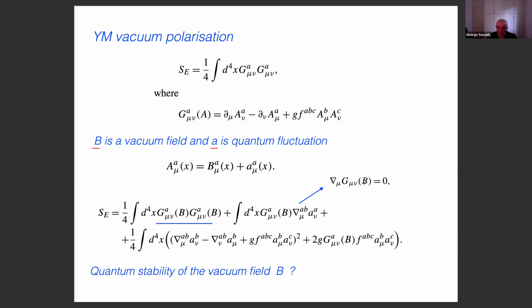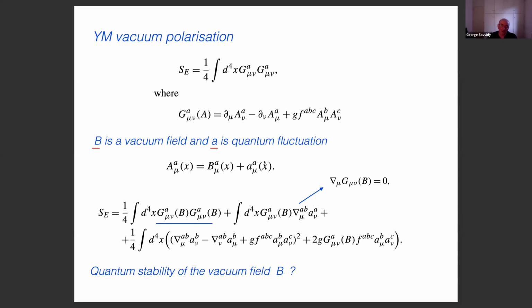So we consider the B field to be a solution of the Yang-Mills equation when there are no external sources. So I like to talk about this B field as a vacuum field because it is a solution of the sourceless Yang-Mills equations.